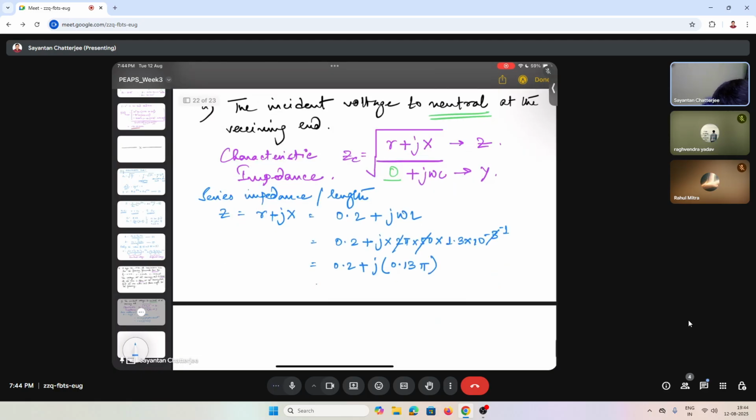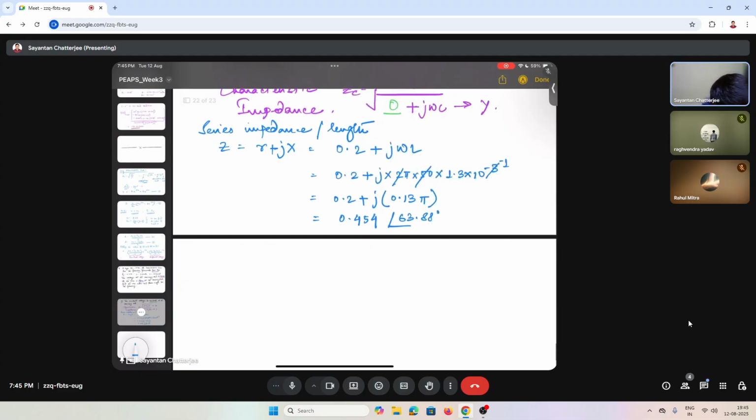The final value will be 0.454 angle 63.80.